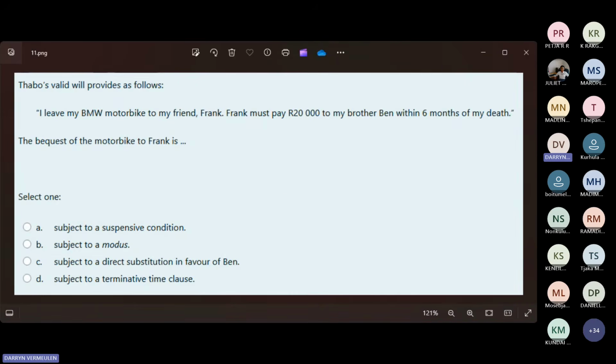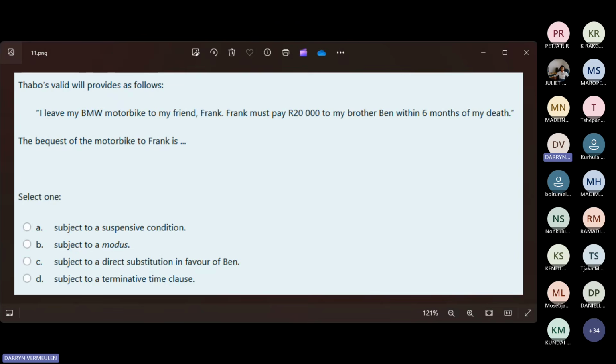Ooh. There we go. This could be simple. It's not very many words on this question. A valid will provides as follows. I leave my BMW motorbike to my friend Frank. Frank must pay 20,000 Rand to my brother Ben within 6 months of my death. The bequest of the motorbike to Frank is, and we've got some options here.